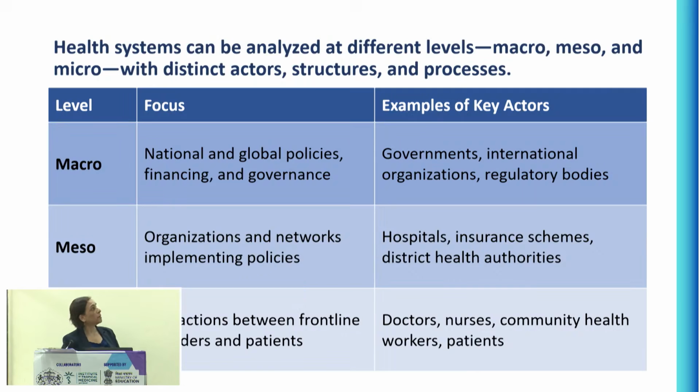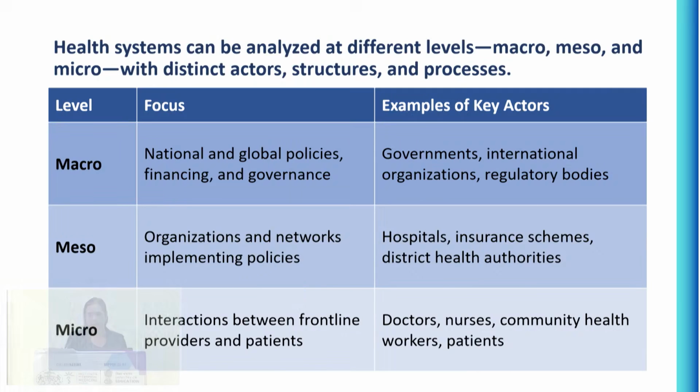Okay, so let's spend a little more time on the macro, meso, micro. You can analyze health systems at these three levels, and at each of the three levels, you, for the most part, are concentrating on different actors, structures, and processes. At the macro level, we're looking at national and global policies, financing, governance, and the key actors here are governments, organizations, regulatory bodies.